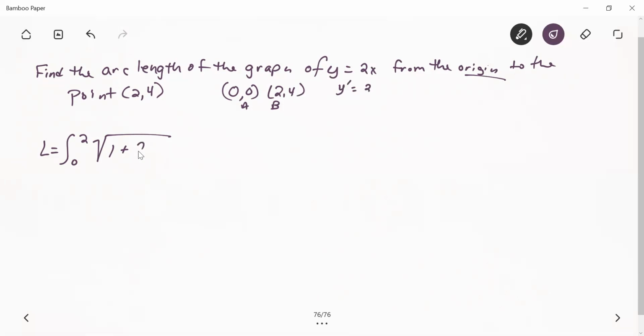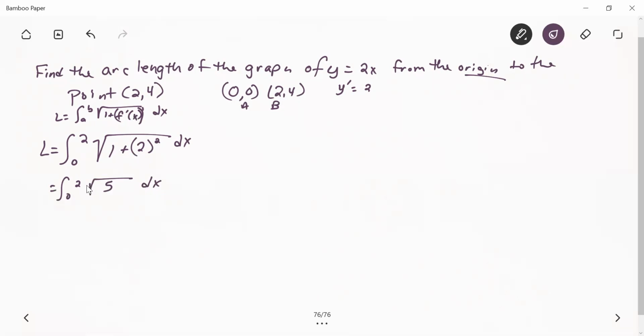Okay, so this is 1 plus 2 quantity squared dx, because remember this is A up to B, 1 plus f prime of x quantity squared dx. Well, the derivative just happens to be constant, so that worked out nice. So this is 0 up to 2 of the square root of 4 plus 1 is 5, and that's dx.